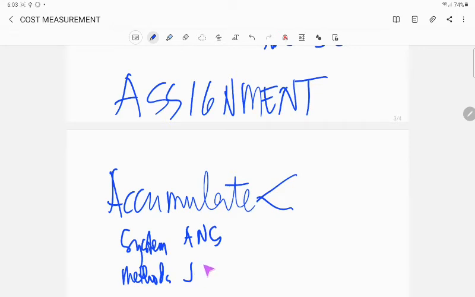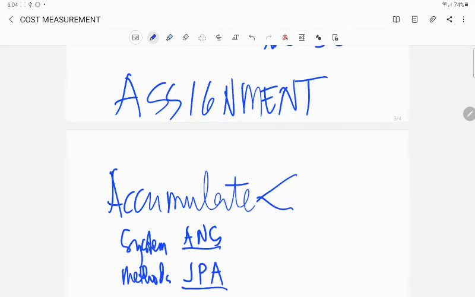Job order, process costing, ABC, parang JP yan. No? So, kahit alin dyan sa tatlo na yan, pwede mong gamitin simultaneously. Diba? Ito, only one.